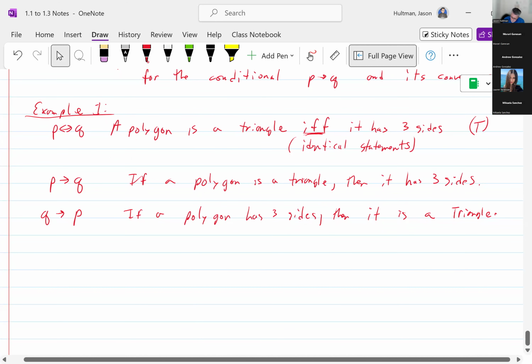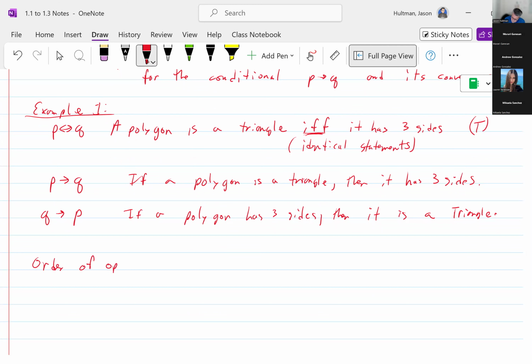Okay. Back to order of operations. 1 was not, 2 was and, 3 was or, and 4 is our conditional statement.